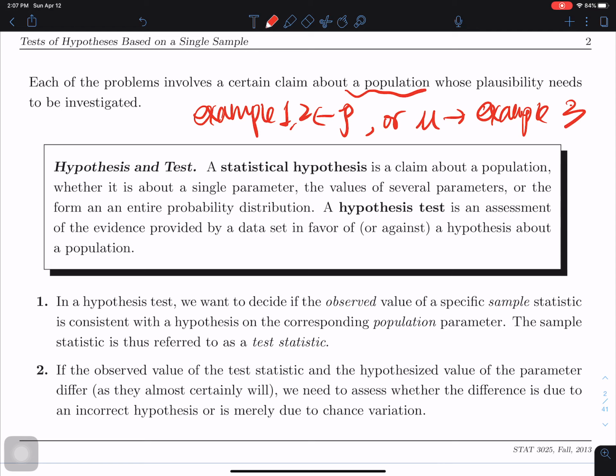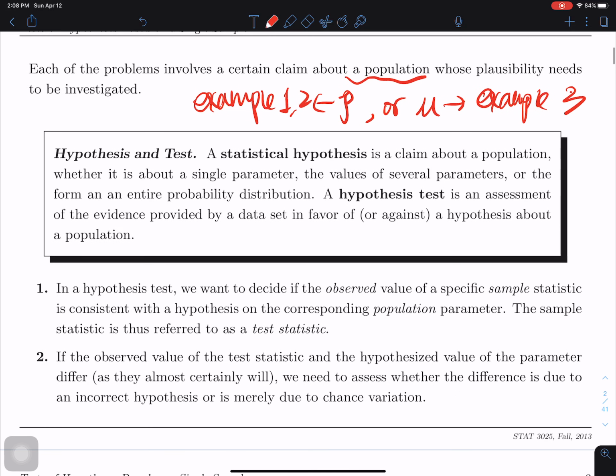So a statistical hypothesis is a claim about a population, whether it is about a single parameter, like in our examples 1, 2, 3, or the values of several parameters, or the form of an entire probability distribution. And a hypothesis test is an assessment of the evidence provided by a data set in favor of or against a hypothesis about a population.